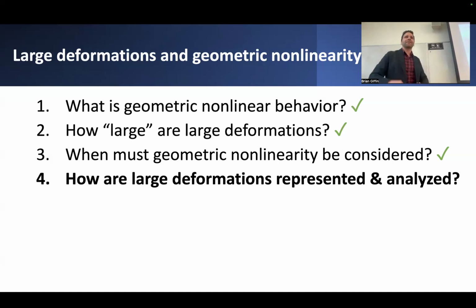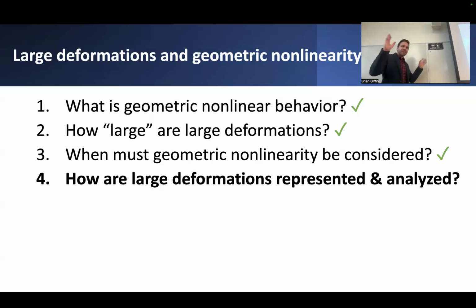Besides just material nonlinearity, geometric nonlinearity plays a significant role in governing how structures behave under large deformations and collapse scenarios. They can also show up in cables or other types of very flexible structures that deform a lot under applied loads, or maybe structures that have moving components like turbines, or maybe crane arms or other types of robotic systems. So today, we're going to focus in on how we actually model and represent large deformations in an analysis setting.